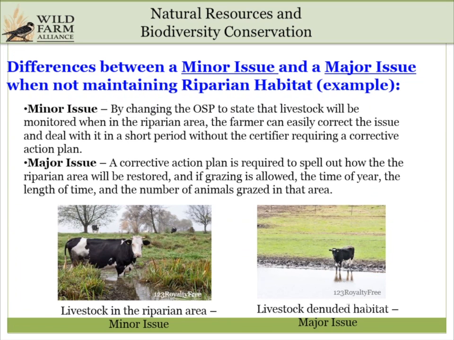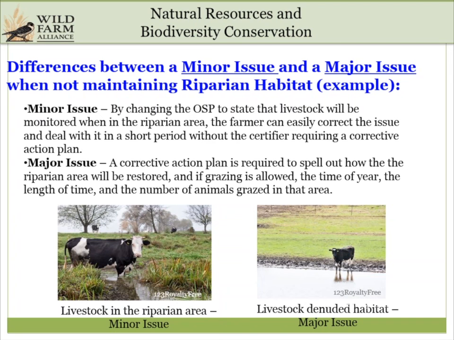Another difference is between a minor and major issue related to not maintaining riparian habitat. In the picture on the left, the livestock is in the riparian area. The operator can state in their OSP that they're going to monitor their livestock when they're in the riparian area, and that's easily correctable.